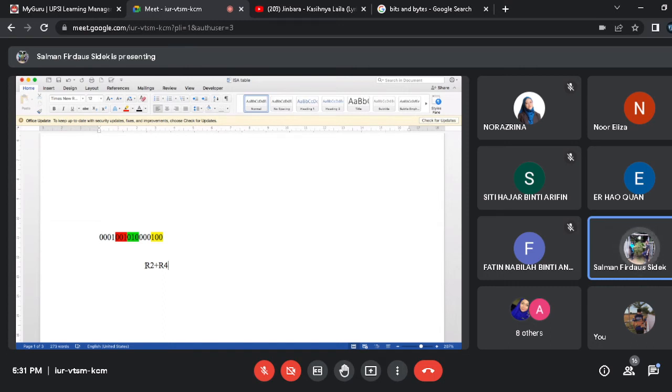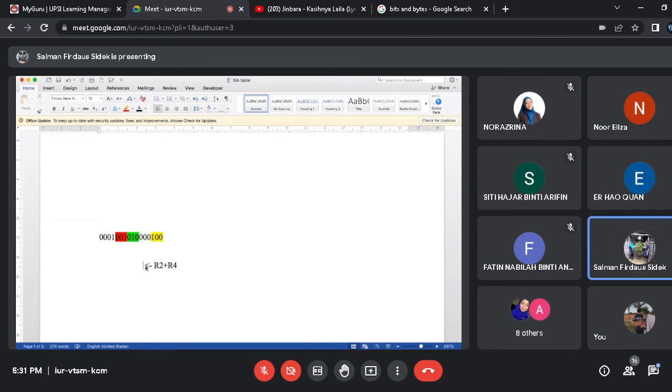So the operand in R2 will be added to the operand in R4 and will be kept in the destination. Destination is the place where the result of the operation will be kept.